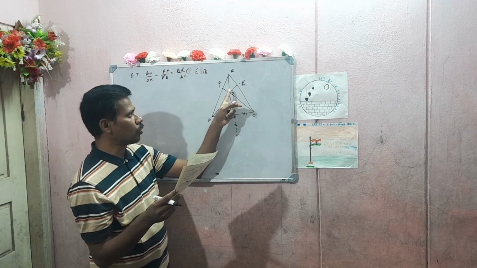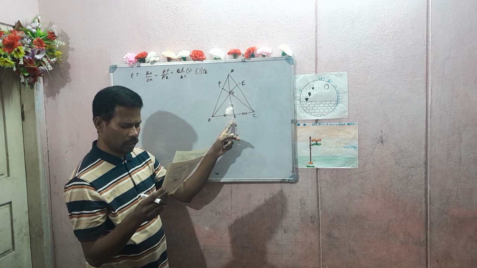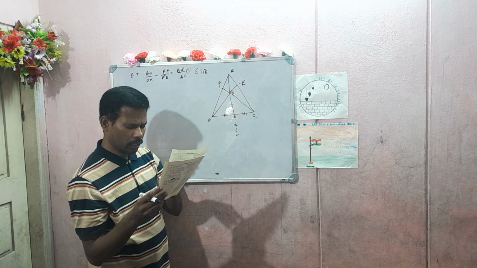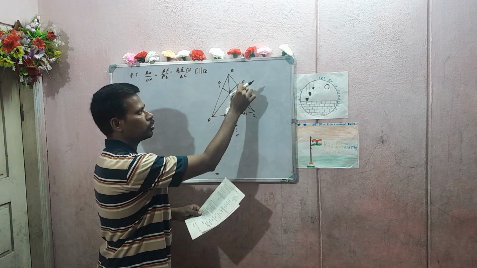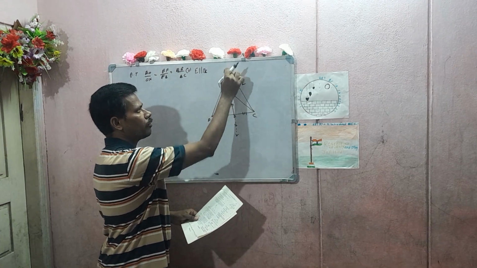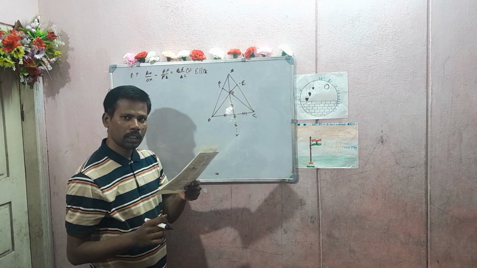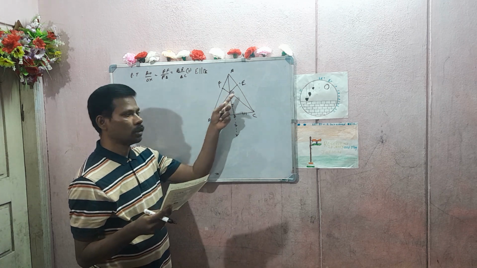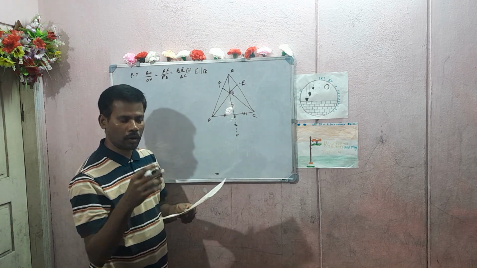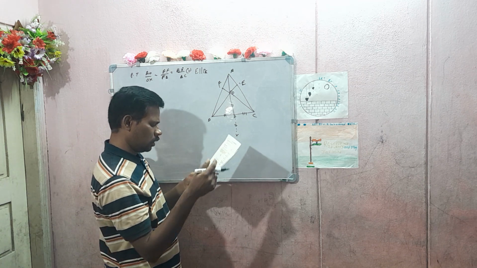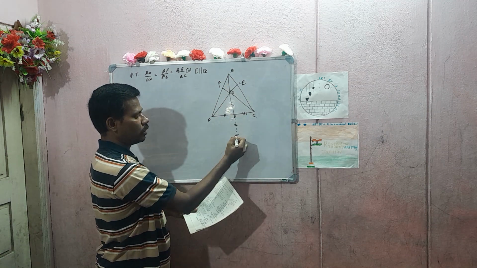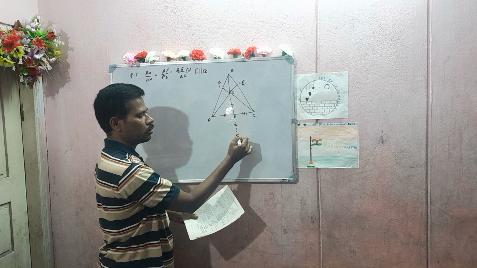BO and CO are produced to meet AC at E and AB at F respectively, and AD is produced to X such that OD is equal to DX.